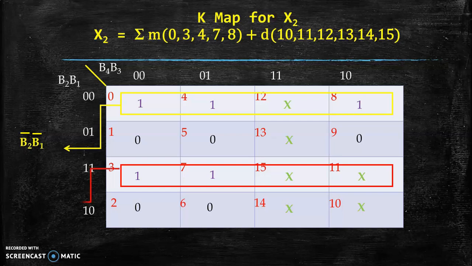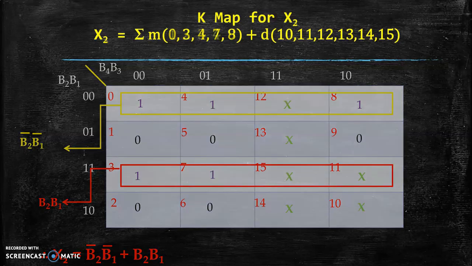And for the second quad, the product term is B2 dot B1. So the Boolean function for X2 in SOP form is X2 equals B2 bar dot B1 bar plus B2 B1.